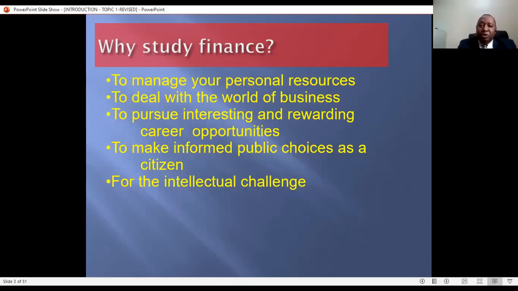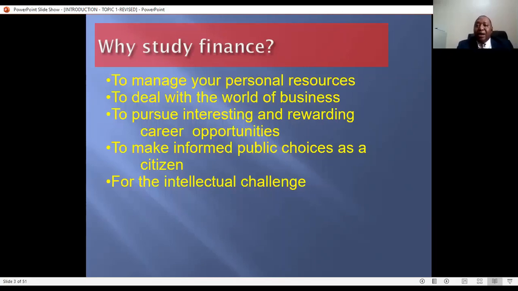Then to be able to deal with the world of business. In businesses we require funding and we require allocation of those funds. So if you're going to do business, become an entrepreneur, then you need to know some finance. We have what we refer to as entrepreneurial finance, helping an entrepreneur to know what you need and how you need to finance your business.